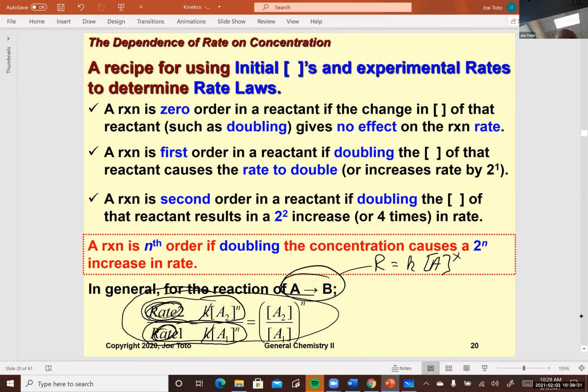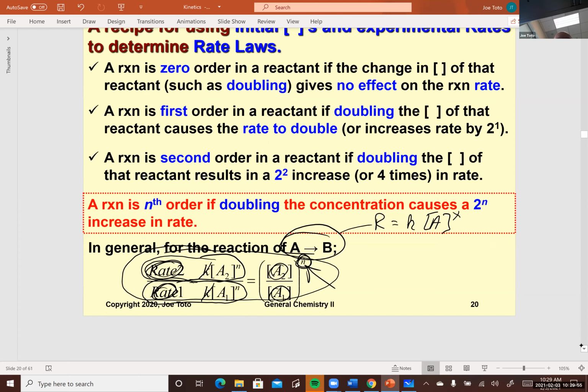And I also have their associated concentrations in 2 and 1, and I plug those numbers in. So you see, you only have one equation and one unknown, n. You just solve it. And so that's another way that you can figure out what order your rate law must have using experimental data.